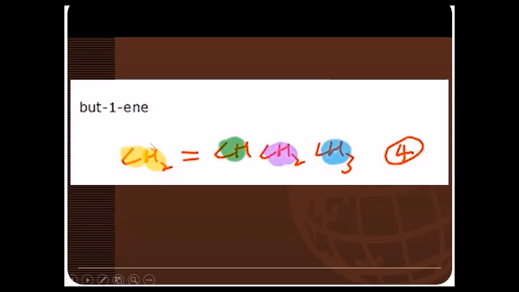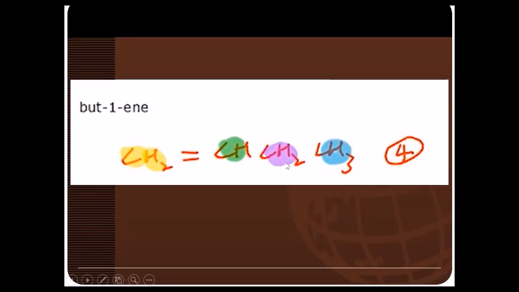So but-1-ene has a CH2 group at the end, which is attached to a carbon double bond. Then we have the CH that comes after the double bond, just attached to a hydrogen. Then we have another CH2 group here.